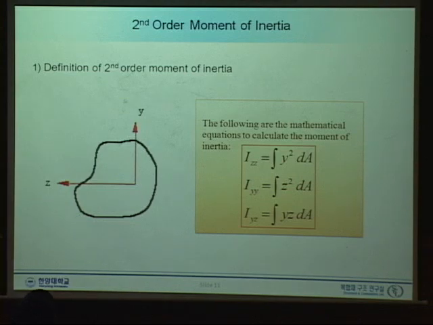Okay. Now, I'm sure you have already studied the second order moment of inertia, and I just want to remind you of the definition. For IZZ, you have a certain cross-section, and IZZ is defined as the integral over the area of the distance y squared dA.